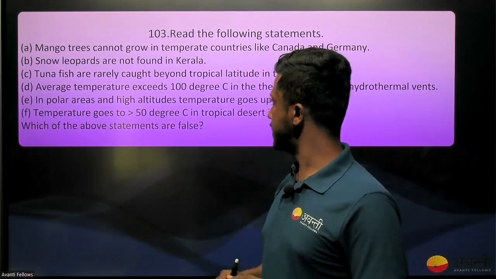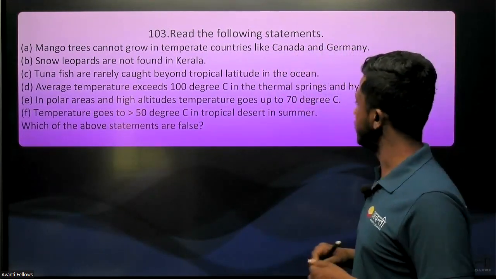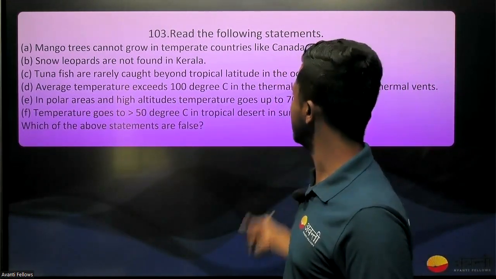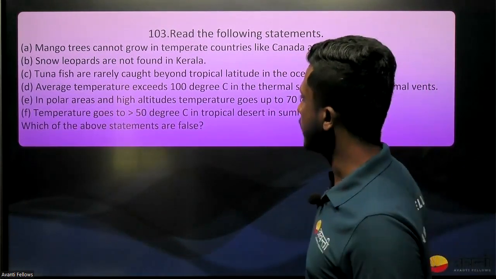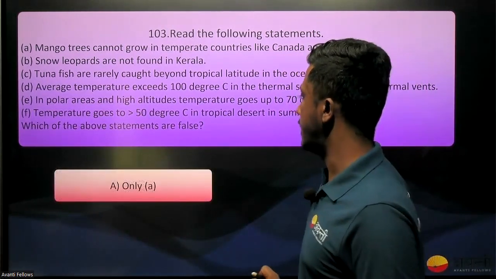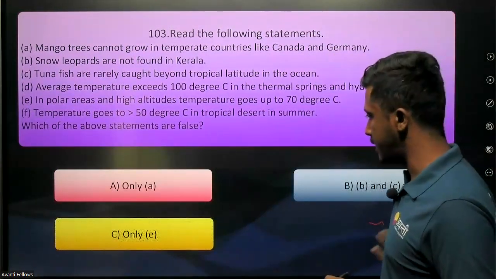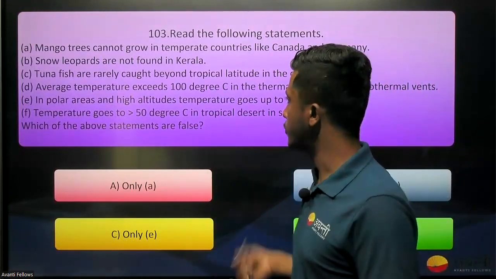In polar areas and high altitudes, temperature goes up to 70 degrees Celsius. Temperature goes to greater than 50 degrees Celsius in tropical desert in summer. Which of the above statements is false? Our options are only A, B and C, only E, and then E and F.